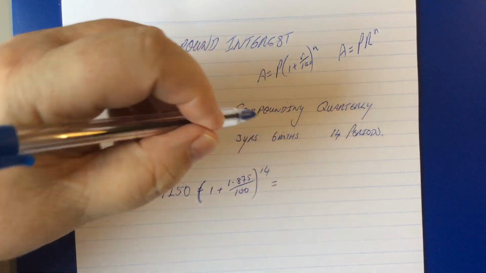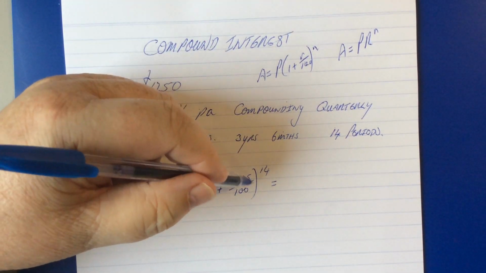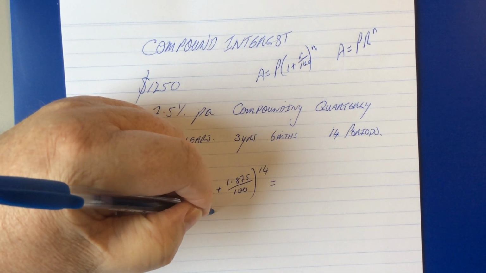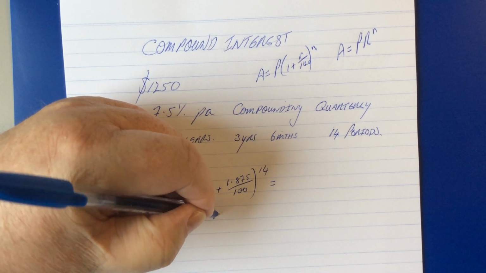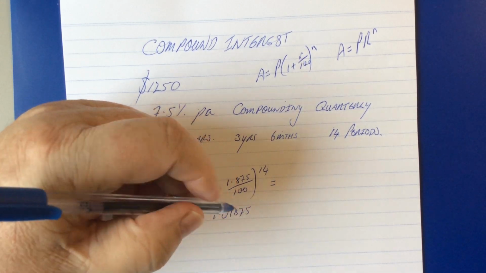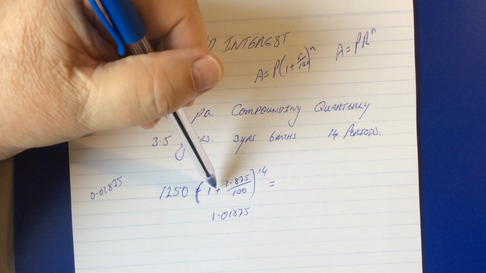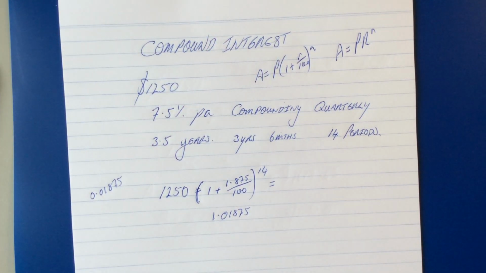Okay, well, let's go to work on this. So if I tidy this up a little bit, what I get is 1.01875, which would correspond to the capital R here. It just makes it easier for working on a calculator.